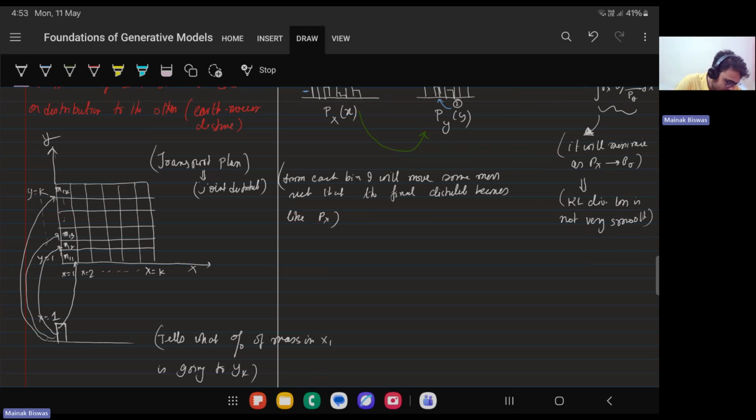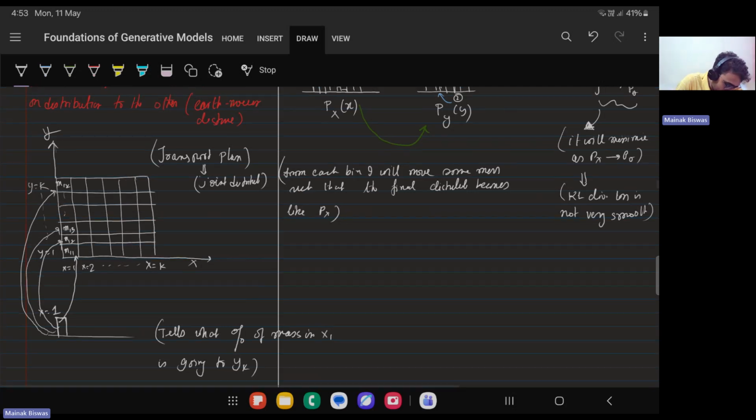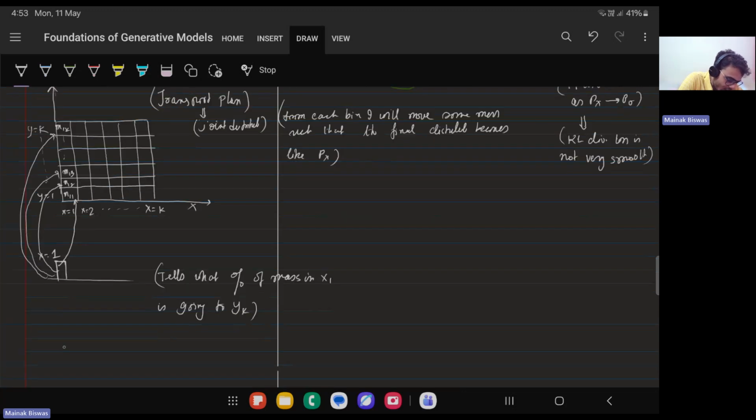One thing you can see is that this transport plan is defined by P of X comma Y in 0 comma 1, because at the end of the day, it is normalized mass.